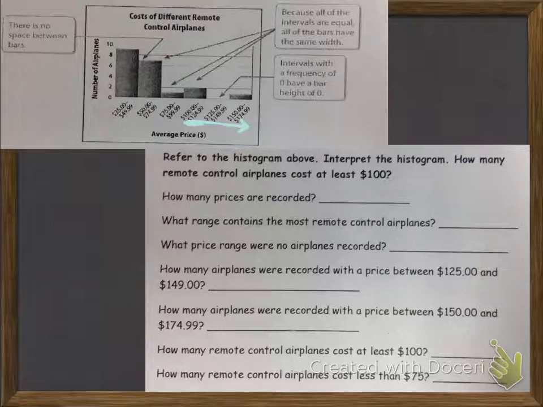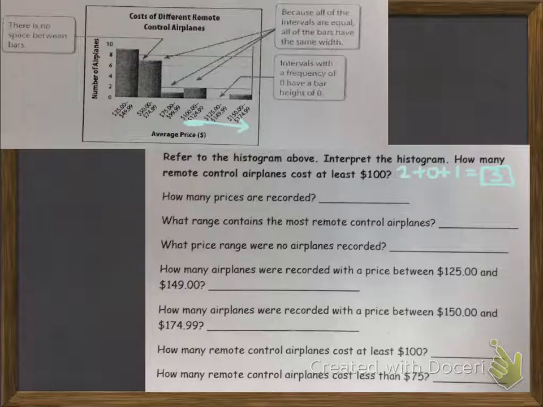So we've got to look at the height: this first interval has a height of 2, so that's 2 airplanes. The second one is a height of 0. And the third one is a height of 1. That's 1 airplane. So we would add them up and say 3 airplanes cost at least $100.